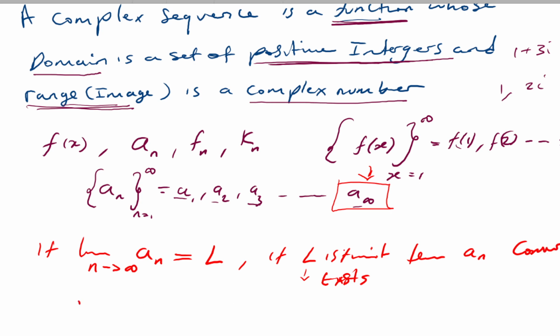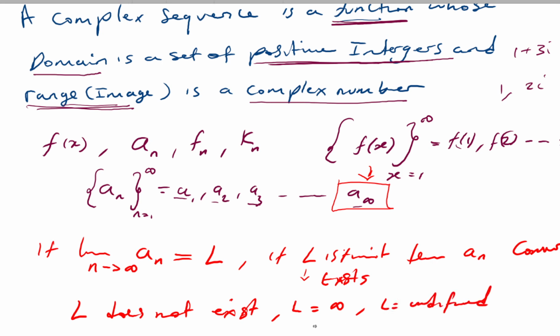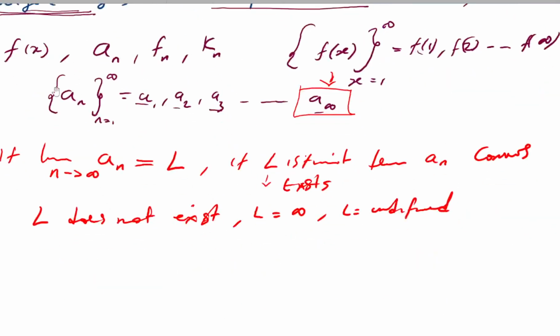Then if L does not exist, if L is equal to infinity, or L is undefined, then we simply say the sequence diverges. So those are the two terms. If L is a finite number and it exists, then an converges.